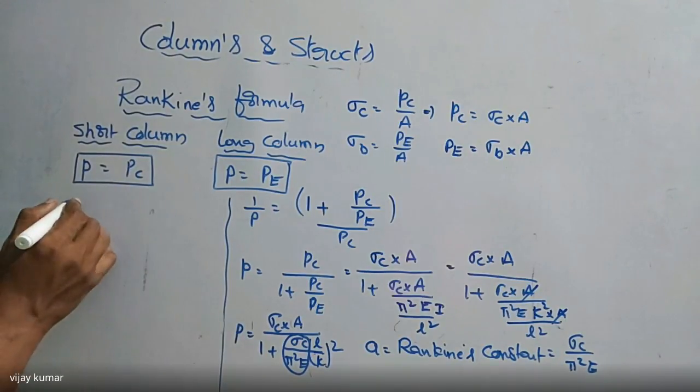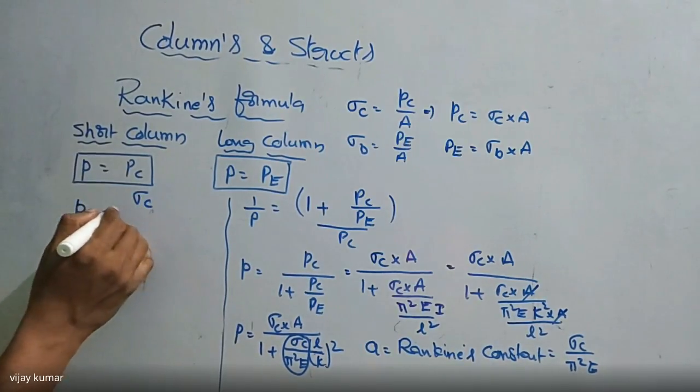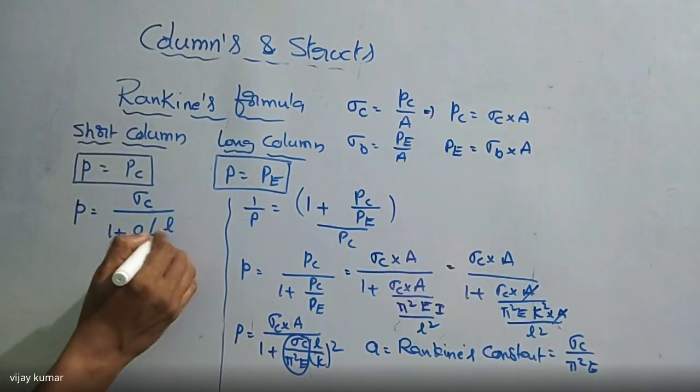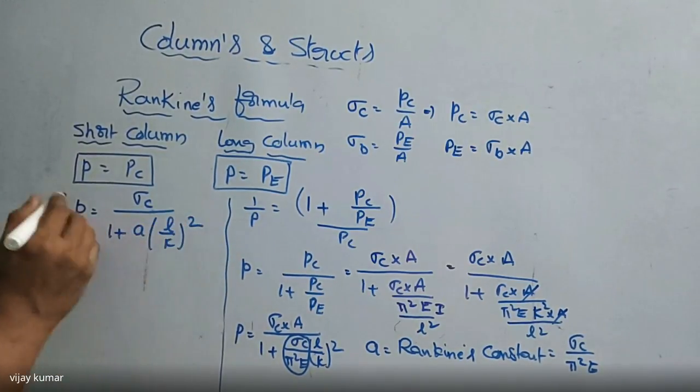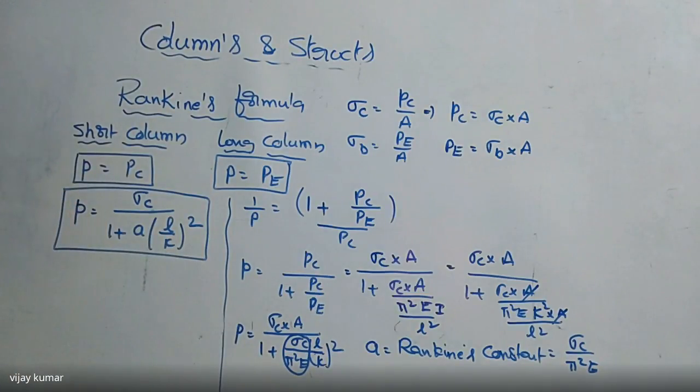So Rankine's load is equal to sigma C divided by 1 plus A into L by K ratio whole square. This is the formula of Rankine for both long and short columns.